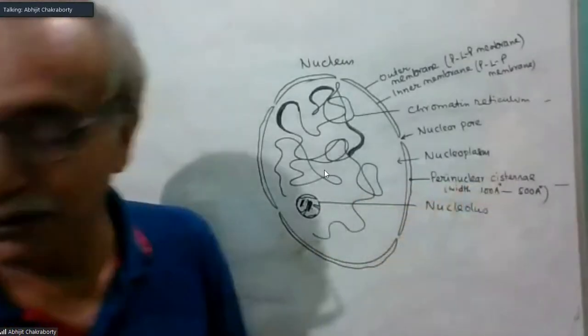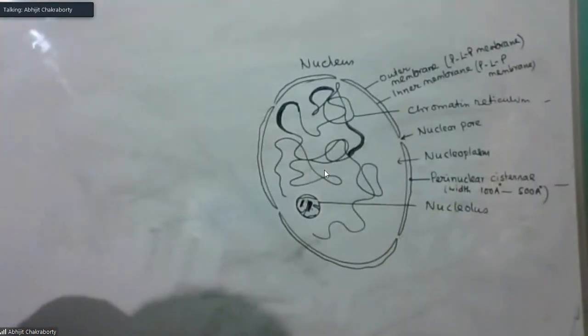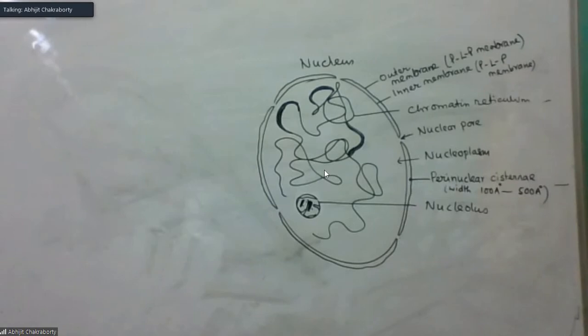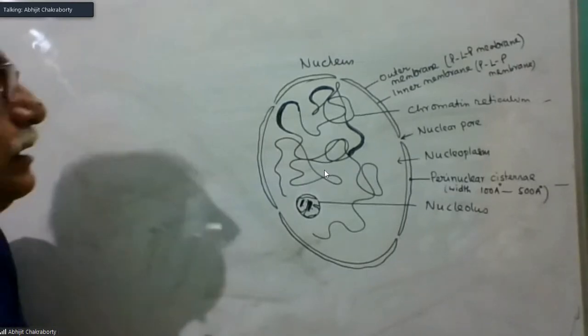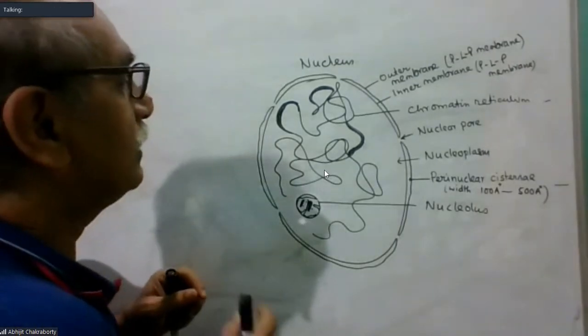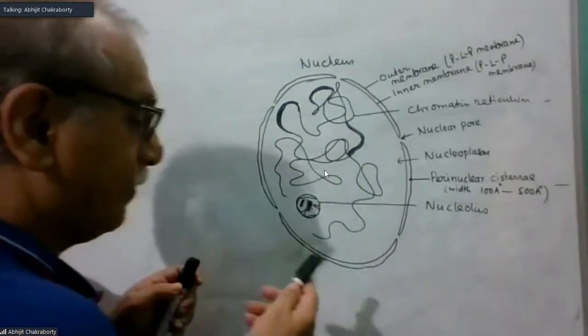You will get a number of nuclear pores which help in exchange of materials between nucleus and cytoplasm. Next comes the chromatin reticulum.